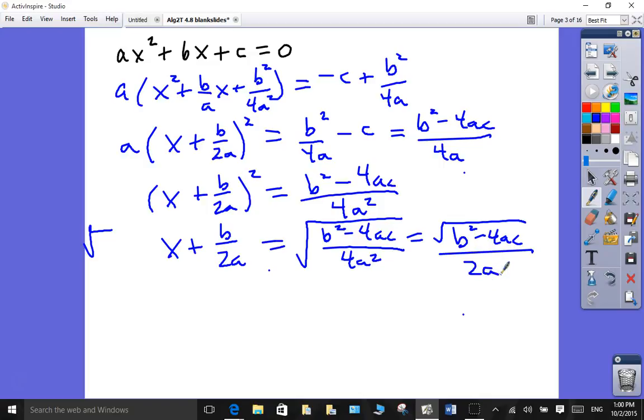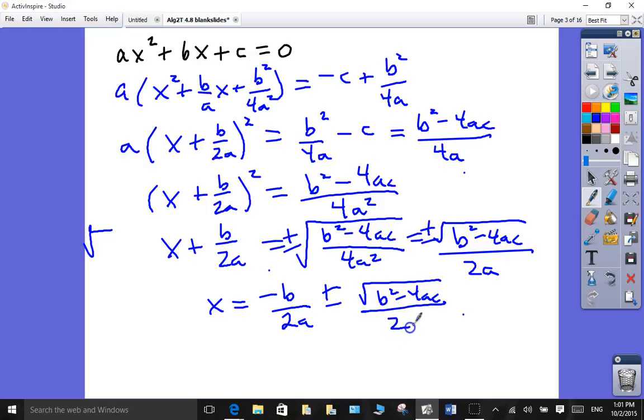So we're almost done. We just have to subtract this to the other side. x equals negative b over 2a plus or minus, I should have put a plus or minus there, plus or minus the square root of b squared minus 4ac, and that's divided by 2a.